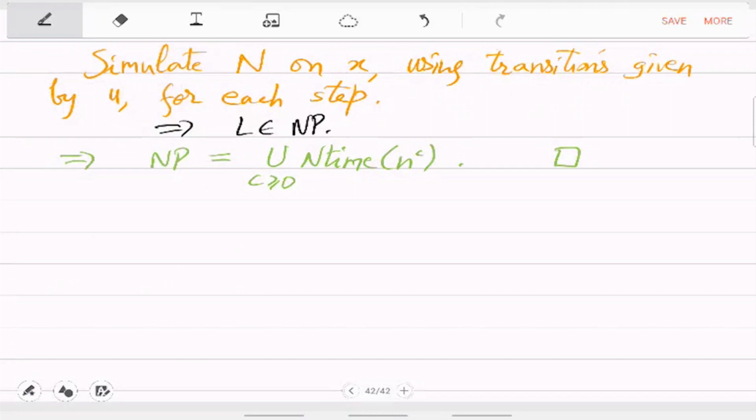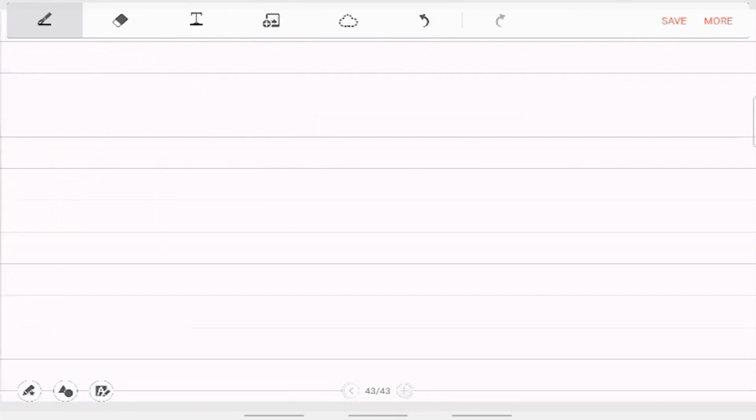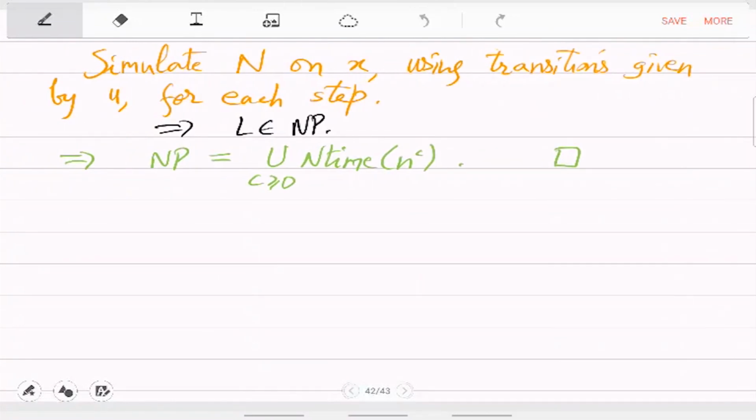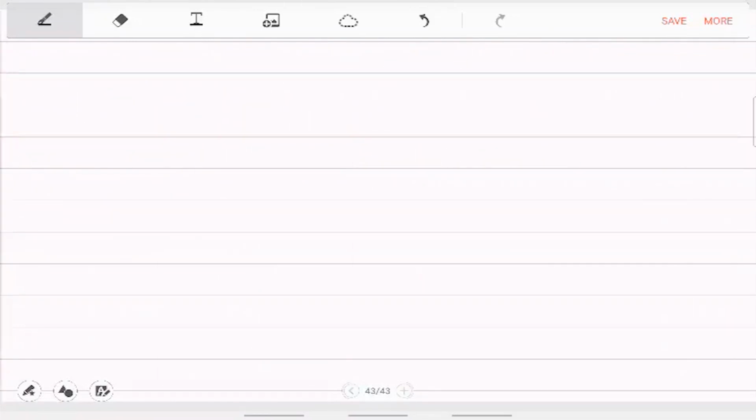NDTMs. Now let us focus on a single problem in NP, which is very important, and that is called satisfiability.